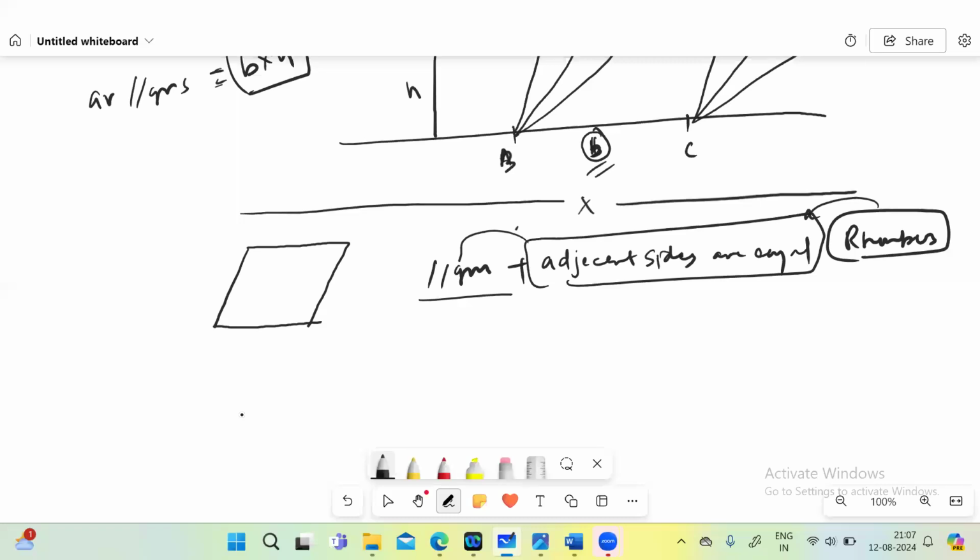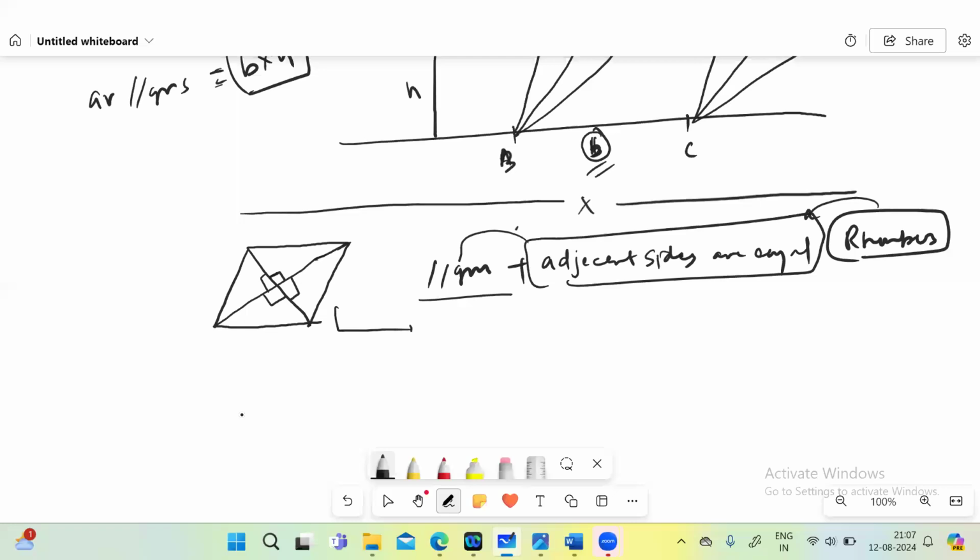So one of the property is that the diagonals of rhombus will divide each other perpendicularly. Perpendicularly means the angle of intersection would be 90, and not only perpendicularly, it will bisect each other perpendicularly.